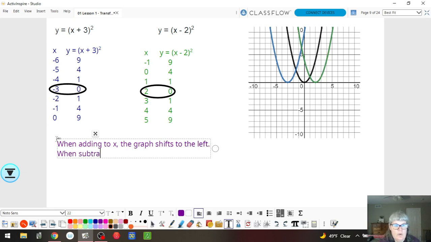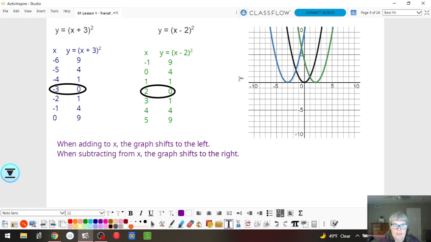When subtracting from x, the graph shifts to the right, which seems a little counterintuitive. Usually if you see something +3, you want to go more. You want to move to the right. And when you see a -2, you want to move to the left.